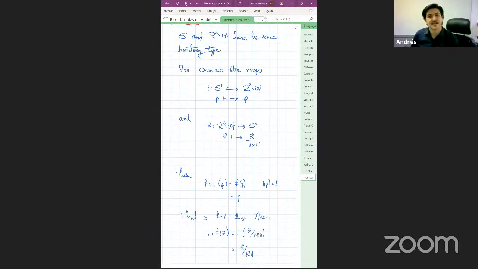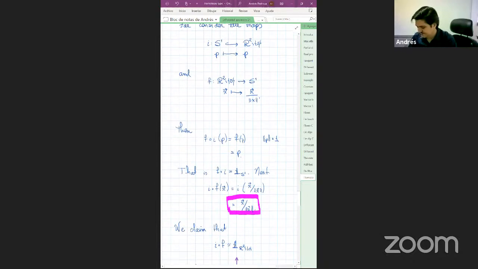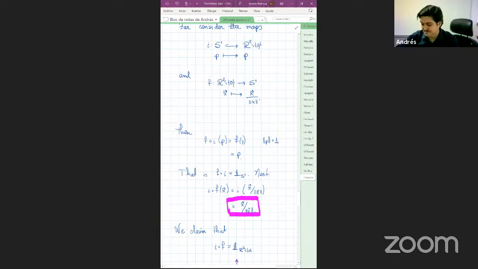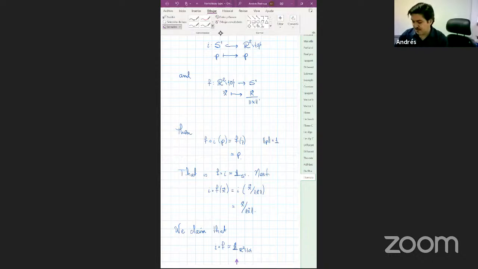So this is the map from the punctured plane to the punctured plane. And I want to show that that map is homotopic to the identity. This is what we want to do. Once we prove this, we have shown that those two spaces have the same homotopy type.